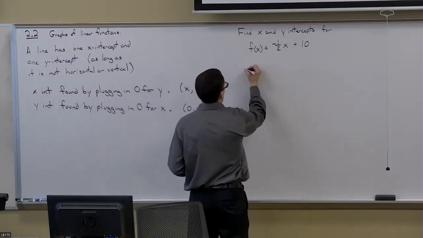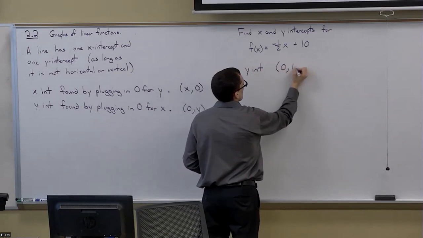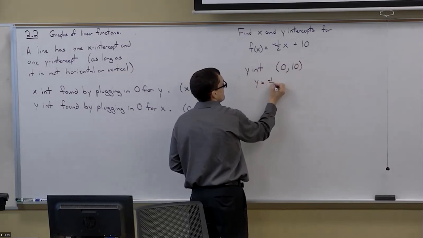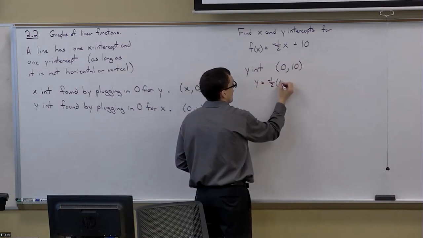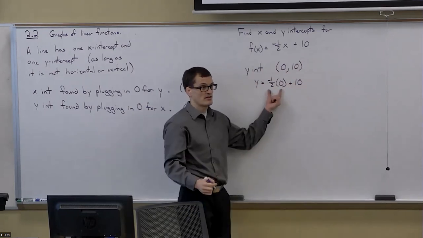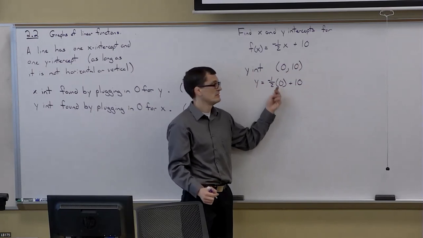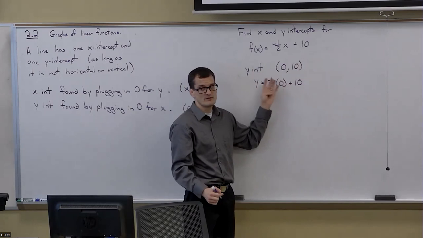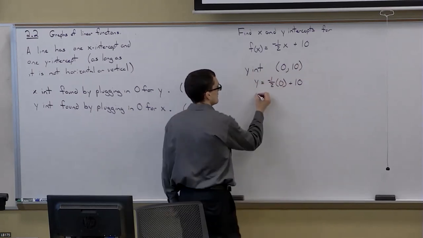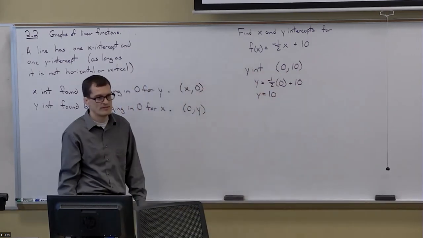So the y-intercept is (0, 10). By the way, that's why that b always has to be the y-intercept, because when you plug in 0 for x, this term goes away and you're just left with the 10, or whatever the b happens to be. So that's why it always had to be the b.